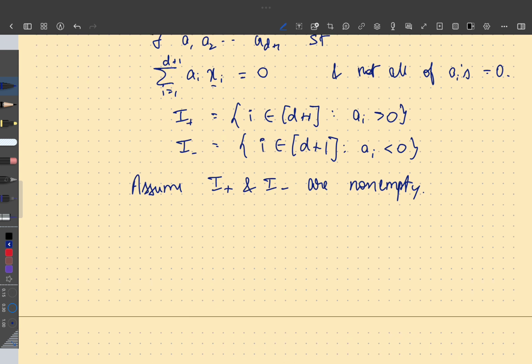So now we will first assume that x1 through x_{d+1} can be shattered and arrive at a contradiction.